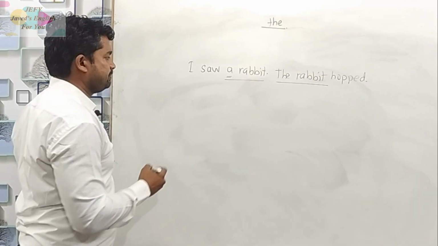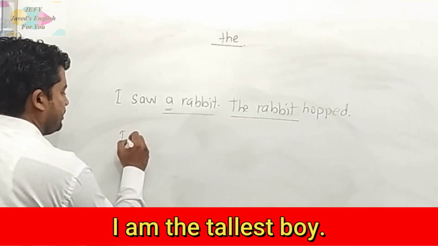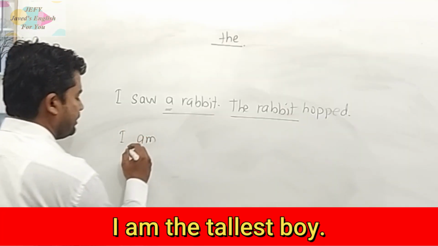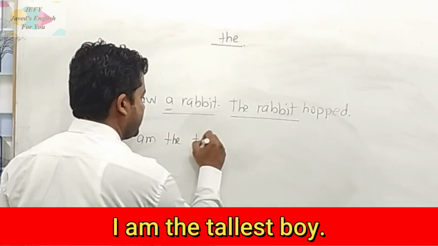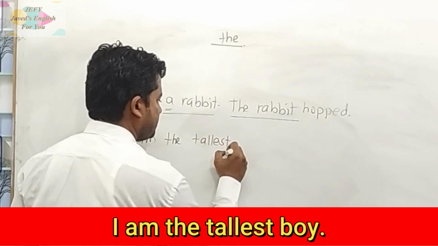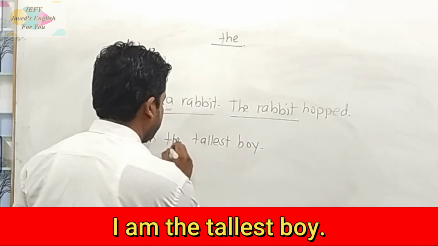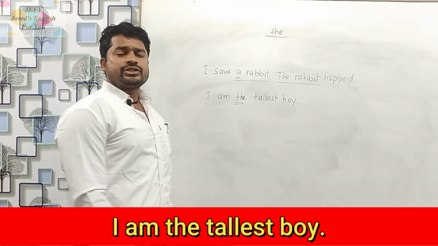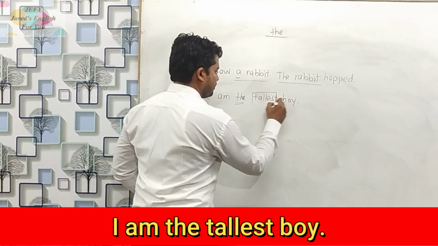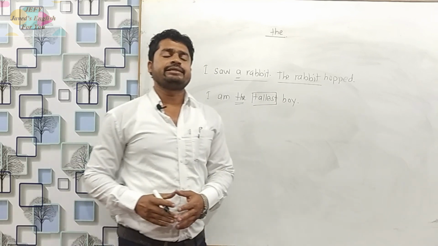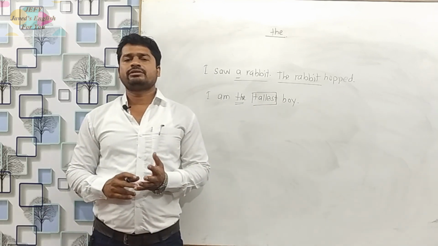The second use of the: see, I am the tallest boy. Here I have used the. Why? Because of this word tallest. We all know that there are 3 degrees in English language: positive, comparative and superlative.